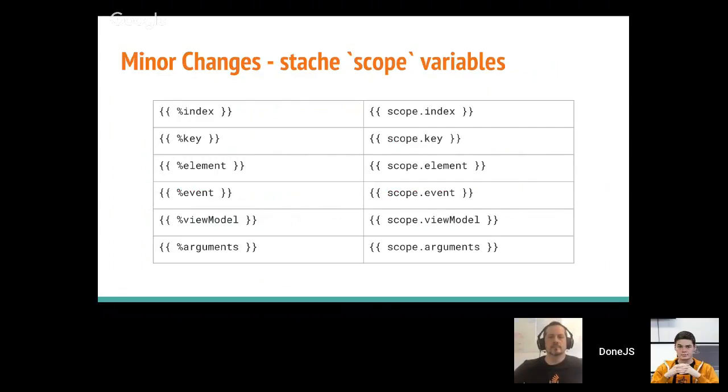All right, so another change that we made is we moved all of the special stache keys into a single place. So now all of these special keys are under this one scope keyword. You used to have %index, %key, %element, %event, %viewModel, %arguments, all of these things that start with %. Those are all now under scope. These changes in stache are done automatically for you by the code mods.